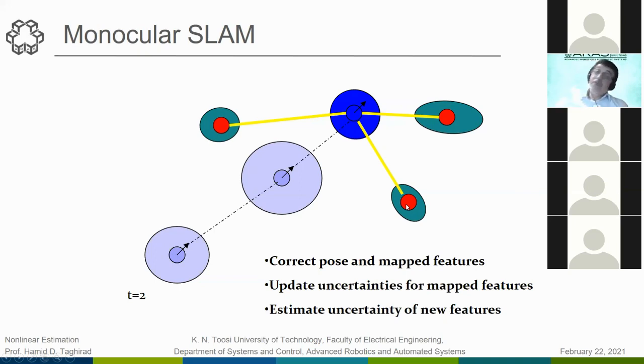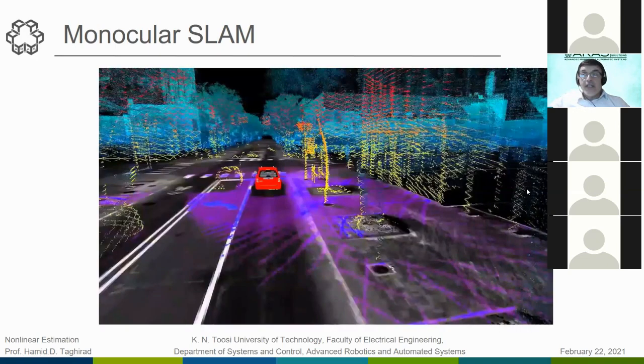And if we go around and come back and see the same features, then we can reduce the covariance matrices quite significantly. And this is a scene that you can get from 3D.